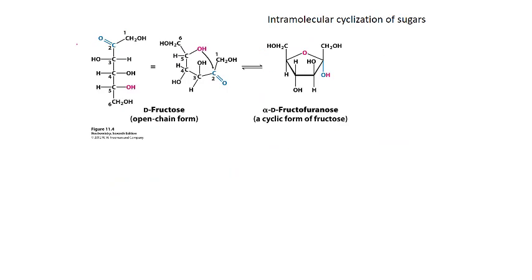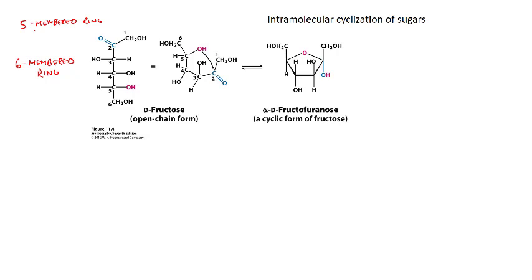All right, so this slide shows you a bit more detail on what I just described on the last slide. We have this intramolecular cyclization of sugars. So this process always results in either a 5-membered ring or a 6-membered ring, because those are especially stable for carbon.